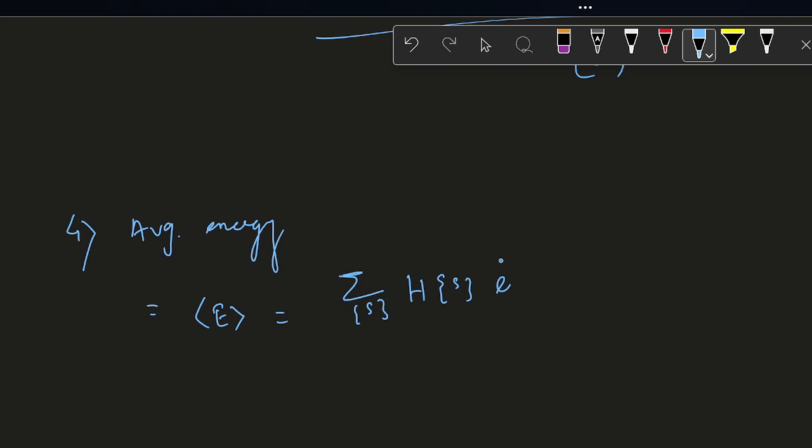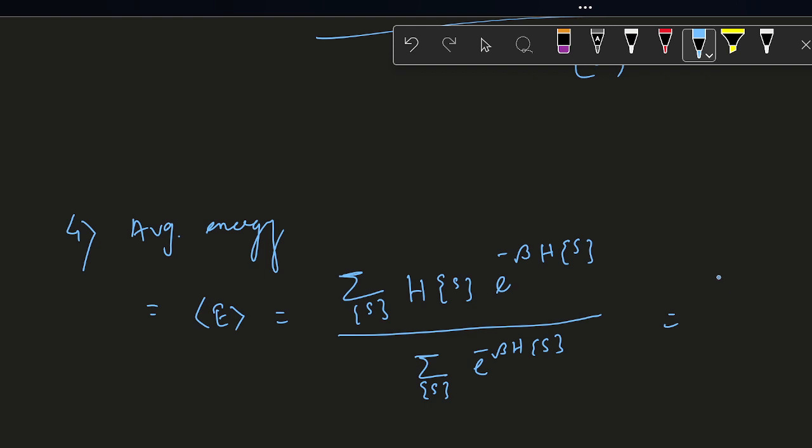Then as a weight factor you add e to the power of minus beta H of S. This is your Boltzmann weight factor, and below you have to write down the actual partition function.